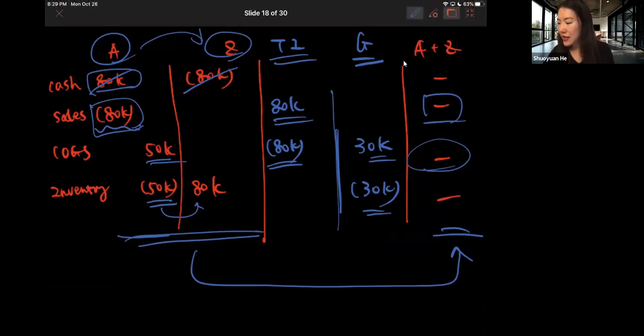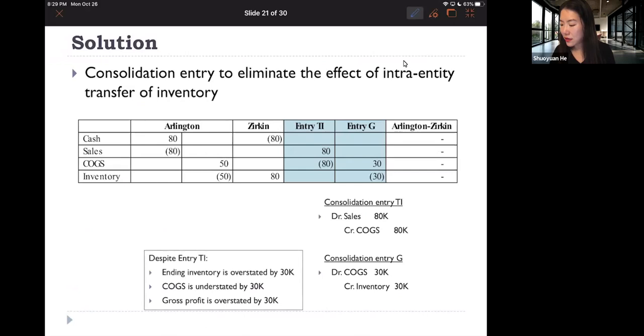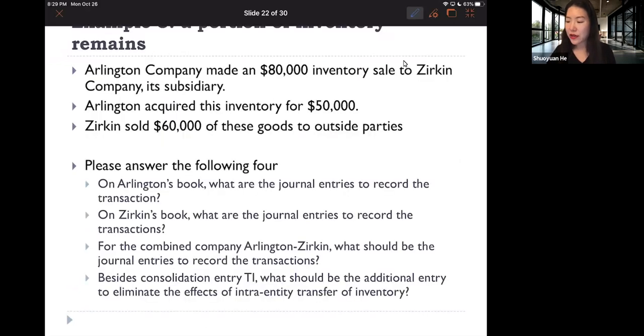So this is the second situation. Now let's look at the last situation, which is where a portion of the inventory remains. Those three examples are mutually exclusive, right?